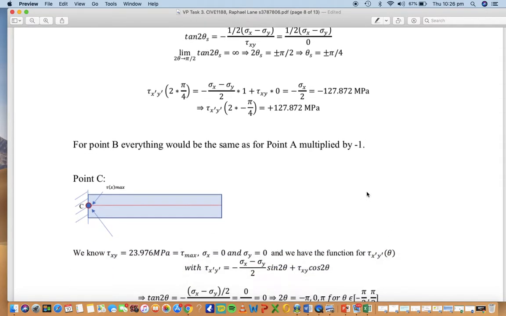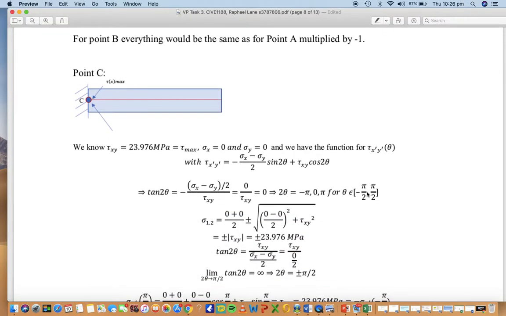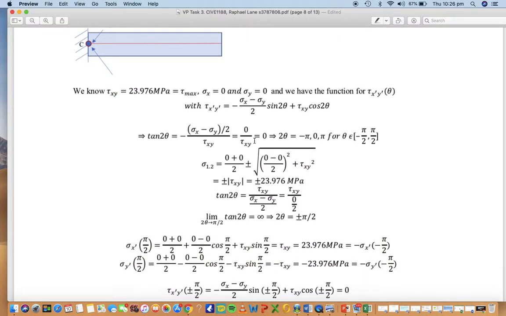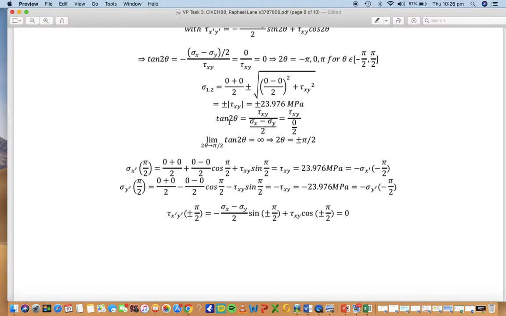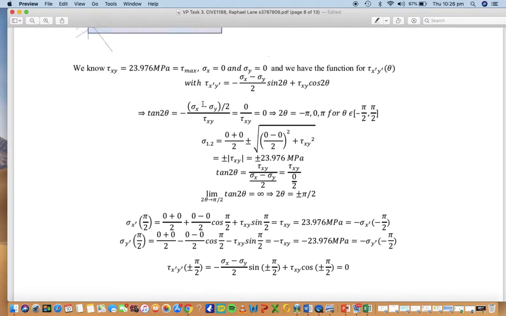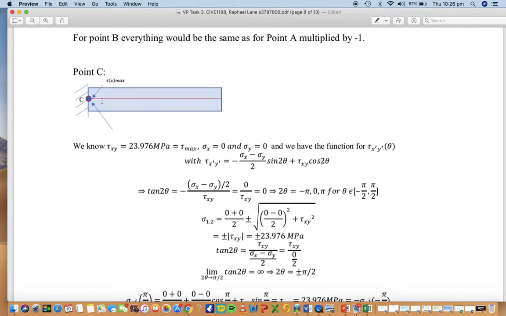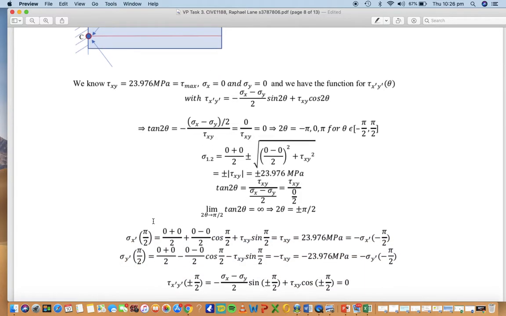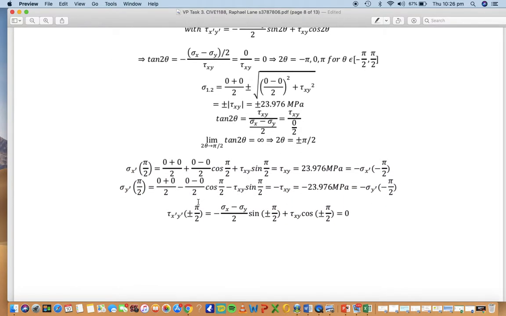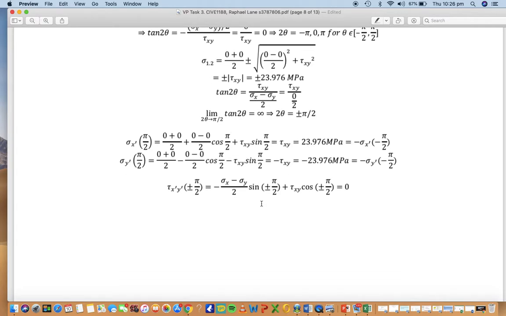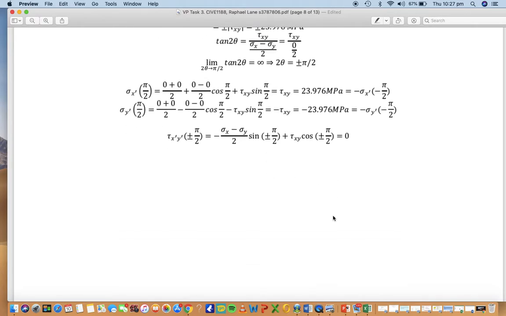I did the same thing for point C, principal shear stresses. Well, the principal shear stress is at theta equals 0. The principal normal stresses came out to be at theta equals 45 degrees, or plus or minus 45 degrees.